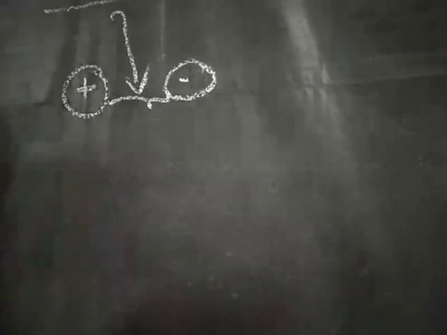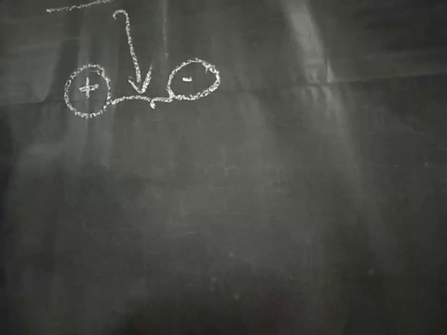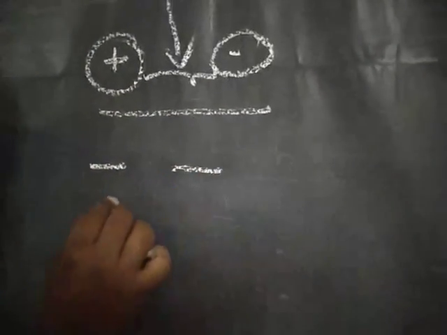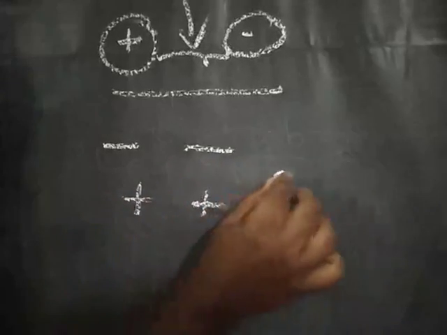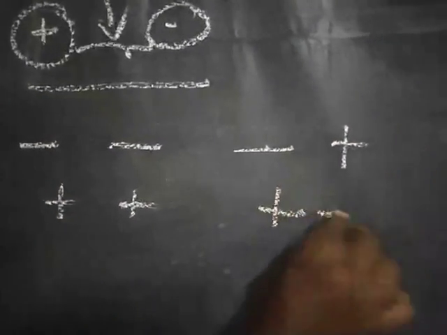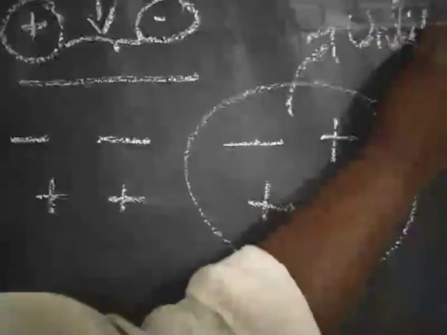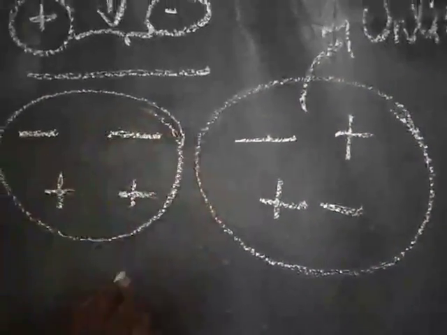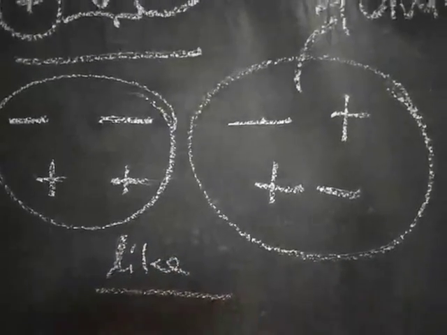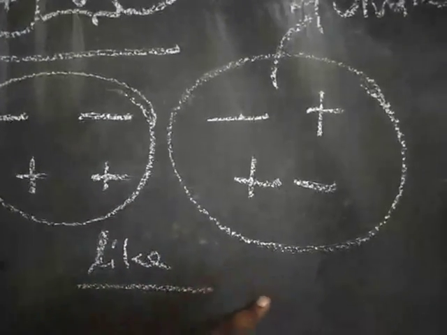Two different types of forces are there: one is attractive, another is repulsive. Like charges repel each other, and unlike charges attract each other. We have already learned this concept in lower classes. Like charges means the same charges, and unlike charges means minus and plus, or plus and minus. Like charges repel each other, unlike charges attract each other.